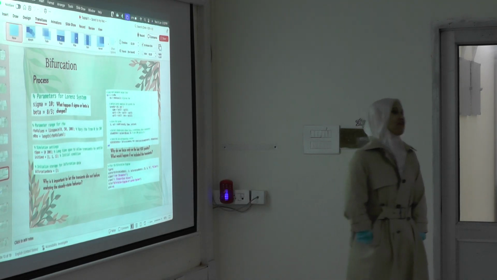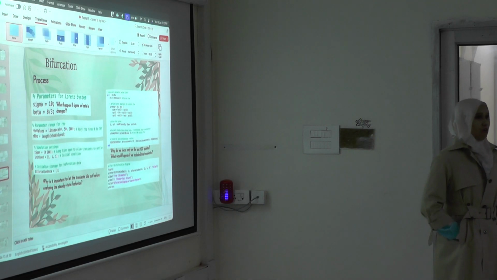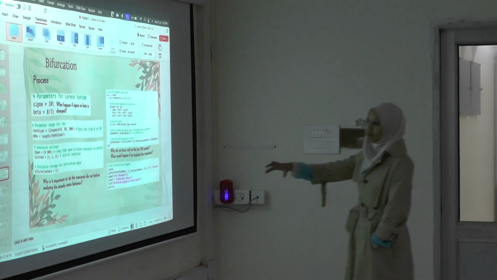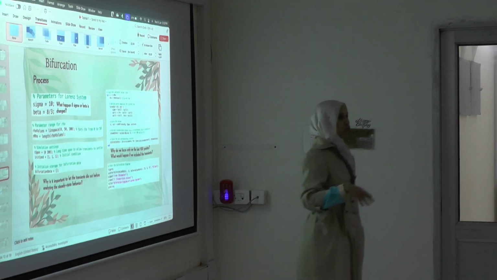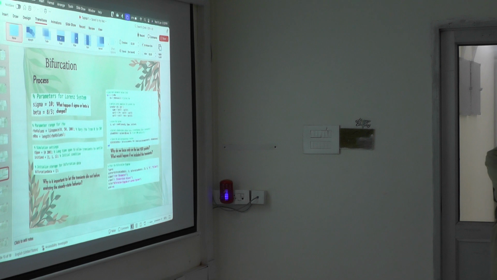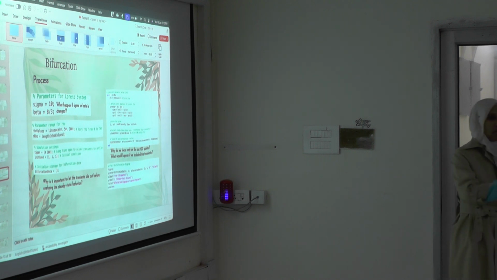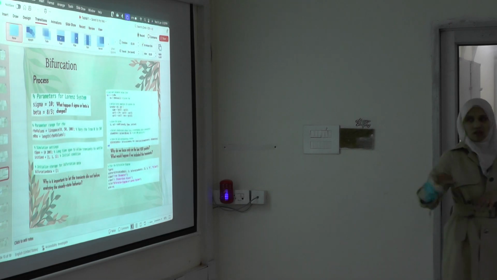Of course Lorenz would be very easy for me, but for other systems, for a new system, sometimes we have to tweak a few things to get our result. We already know from the stability analysis and the Lyapunov exponent, so we just need to plot the bifurcation diagram.